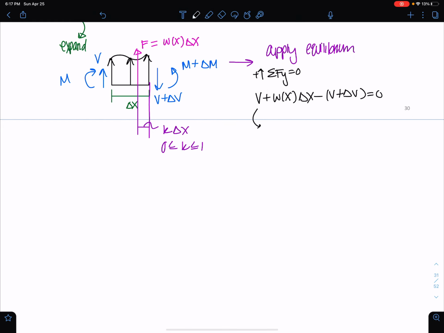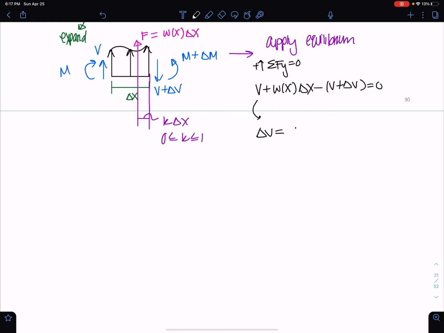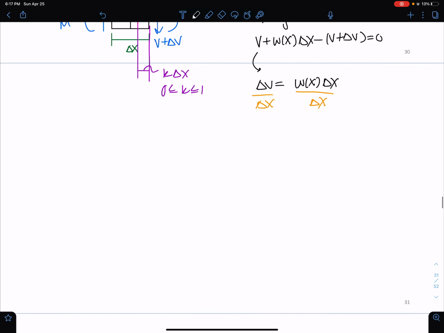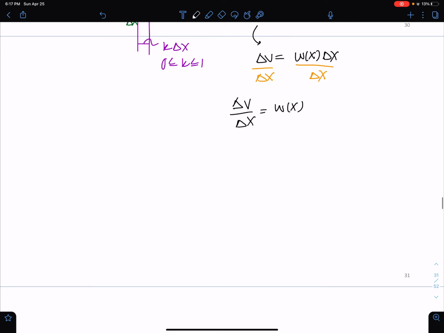We end up getting delta V equals W of x delta x. Now let's divide everything by delta x, and we get delta V over delta x equals W of x. Then we can take the limit as delta x approaches 0, and we get the derivative: dV/dx is equal to W of x. So this tells us the relationship between the load and the shear.